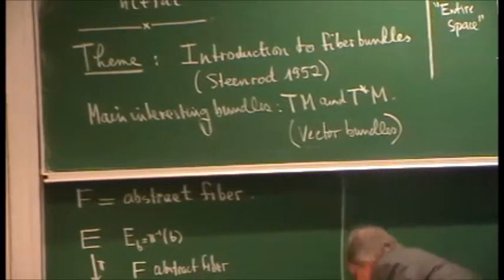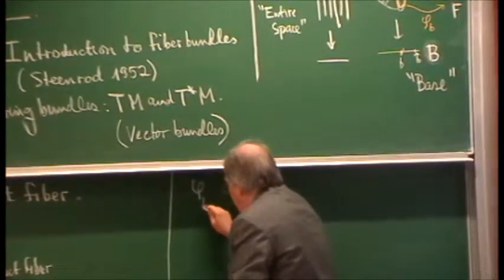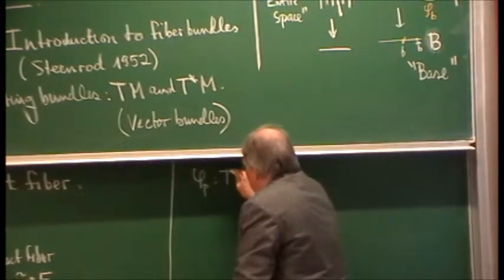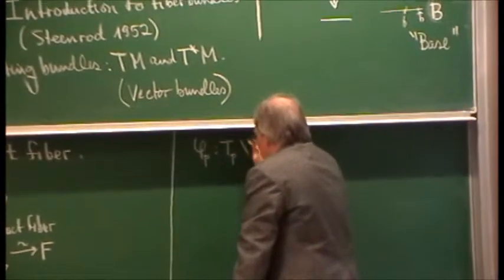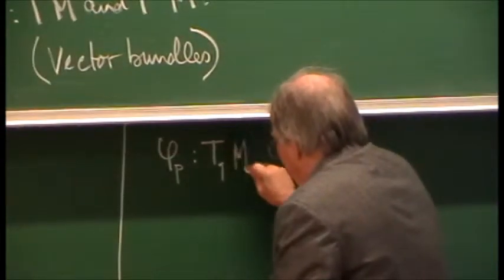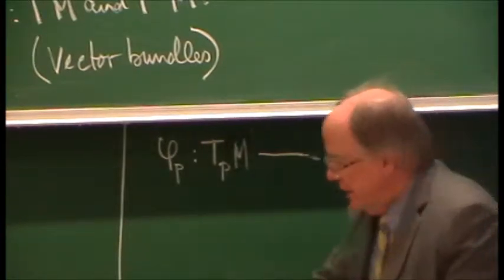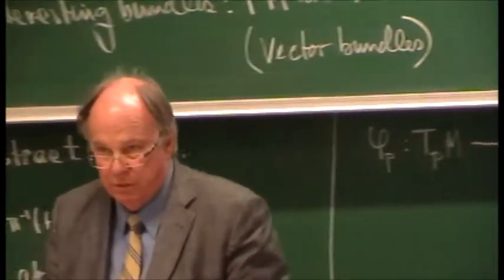So we need an isomorphism, phi p, of a tangent space to each fiber. I always call it X. You see all of these tangent spaces are different.